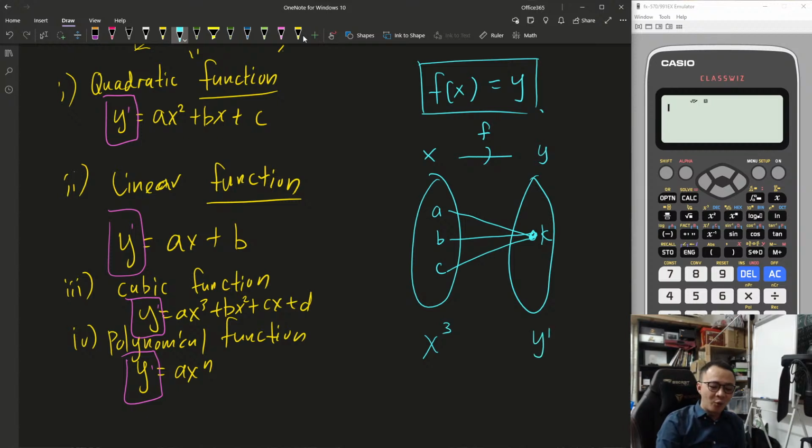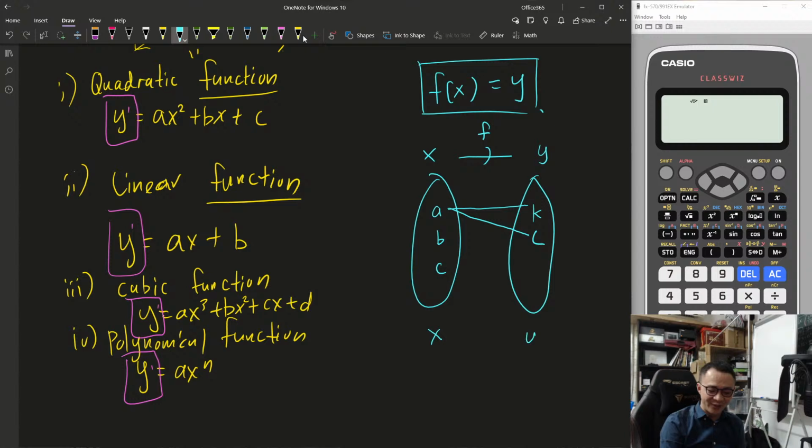But what if I have an x that links to 2 different y values? This is called 1 x and 2 y values.